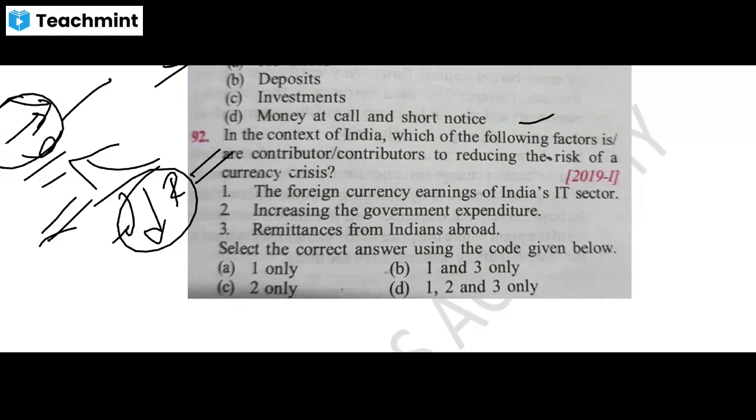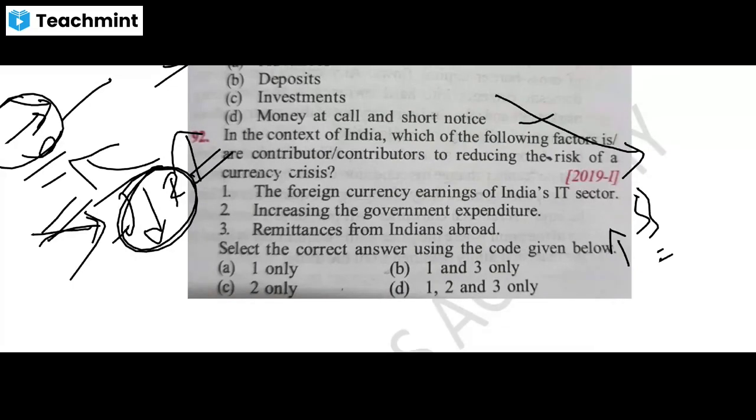One thing is that if you are borrowing from outside or dollar currency is coming into India in higher quantity, then the value of the rupee will also go up. So from these three situations, two are regarding the inflow of dollars or foreign currency from outside to India. If the amount of foreign currency increases, it will also increase the value of Indian currency.